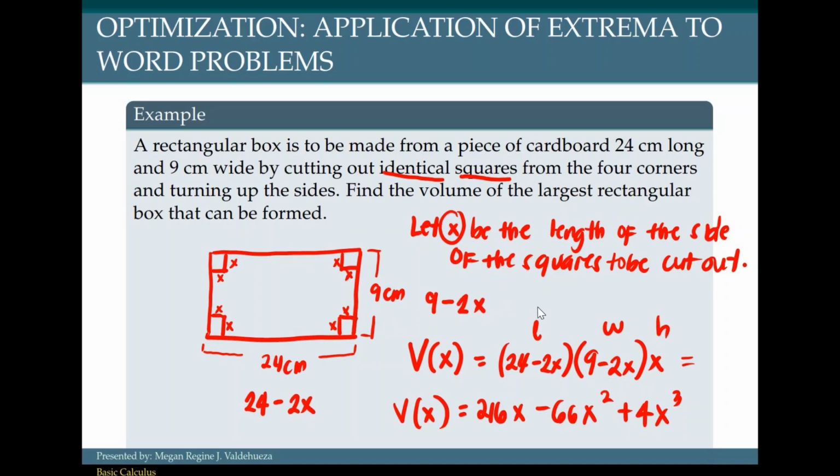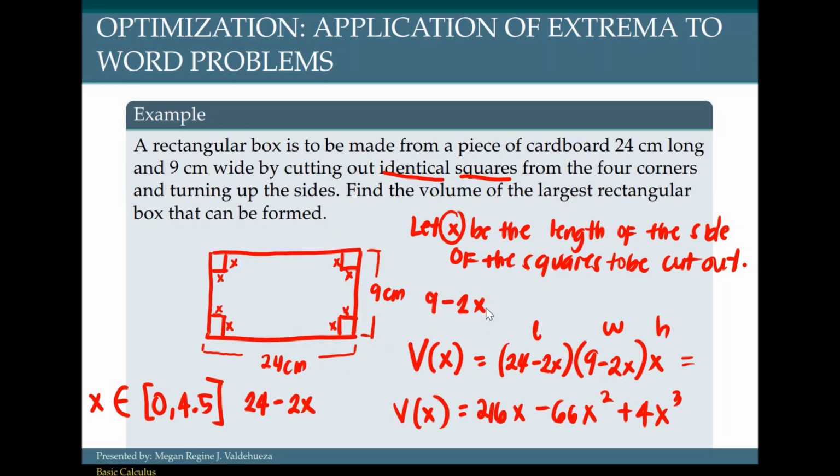So x should be in the interval from 0 to 4.5 only, because we are safe with that. 2 times 4.5 is just 9.